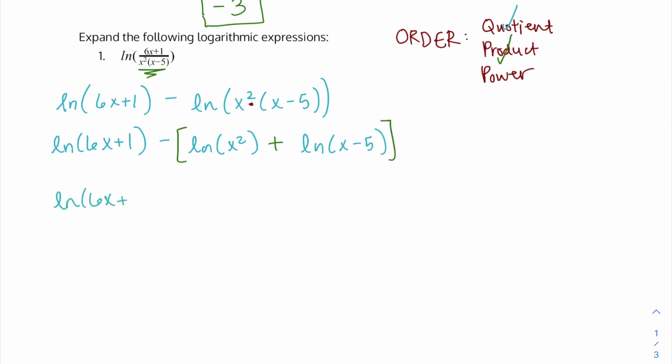So my final answer, having applied all the properties, will be as follows. And there you go. That is fully expanded. If I were to condense, I would go the opposite order, and I would end up with what I started with. So we are good.